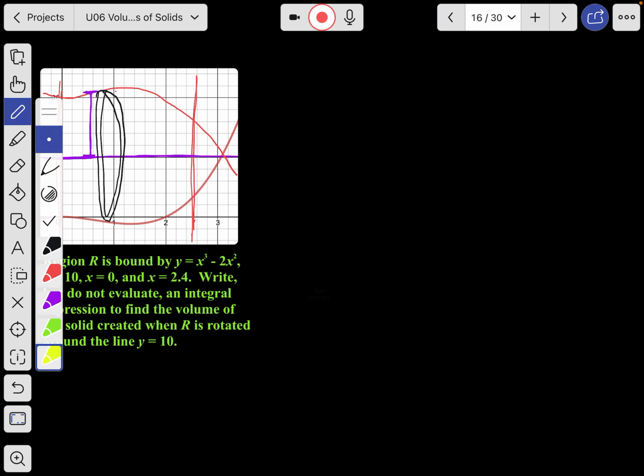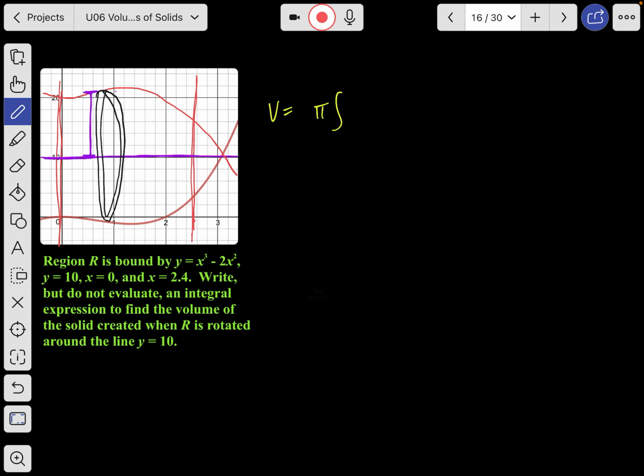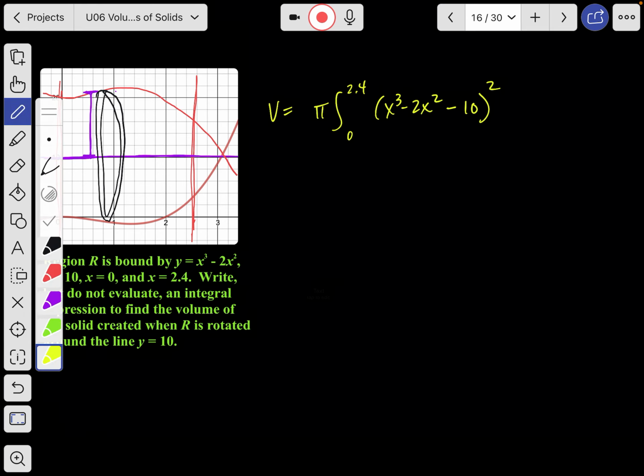My bottom function is the line y equals 10. So volume is equal to pi times the integral between 0 and 2.4 of the top function, x cubed minus 2x squared, minus the bottom function, which is 10, all squared, dx.